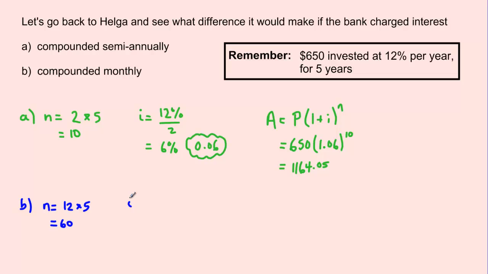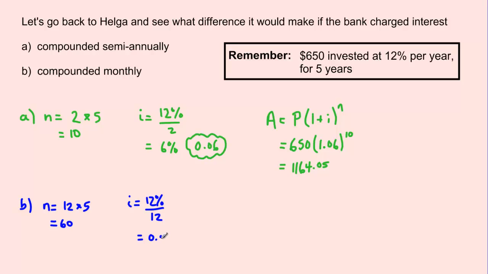Our interest rate has to be split or divided evenly over those 12 compounding periods per year. Don't be fooled, it's not divided over the 60 total compounding periods, it's just divided by how many times you compound per year. So because it's 12% annually, but we're compounding 12 times a year, my interest rate is just going to be 1%.